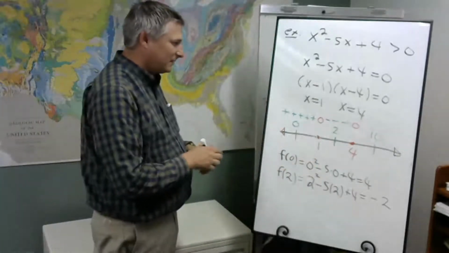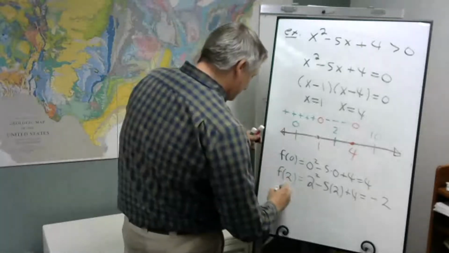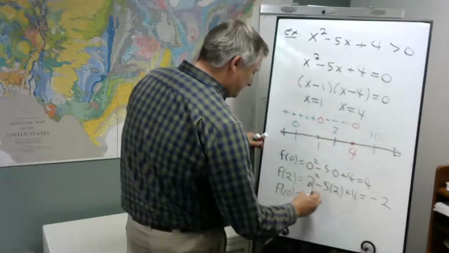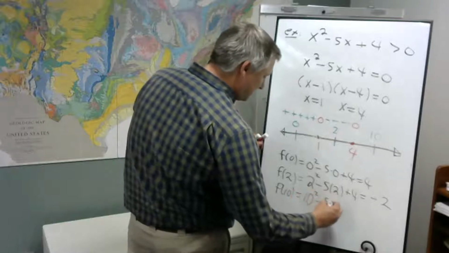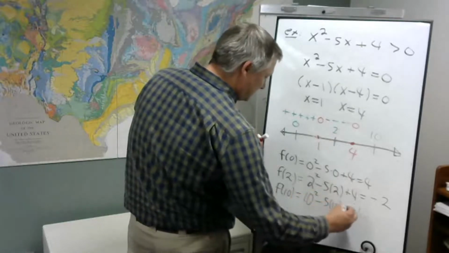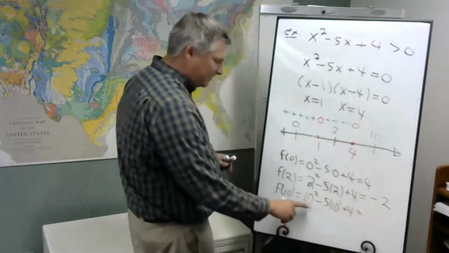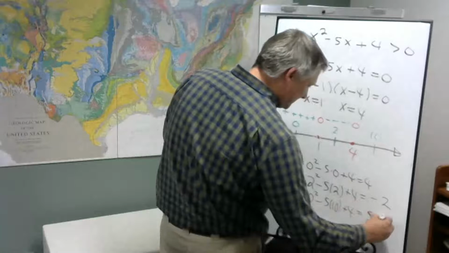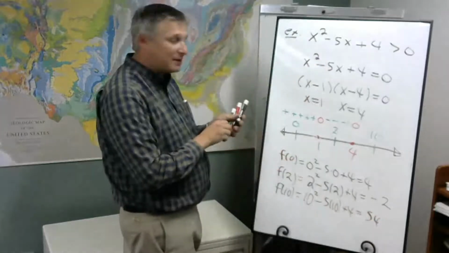Finally, f of 10: 10 squared minus 5 times 10 plus 4. This will be 100 minus 50 plus 4, and that's 54, and that's positive.